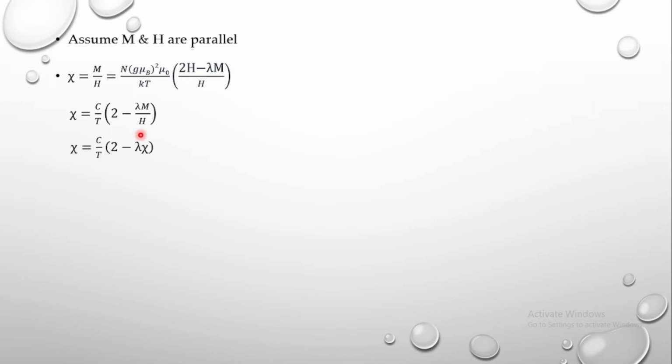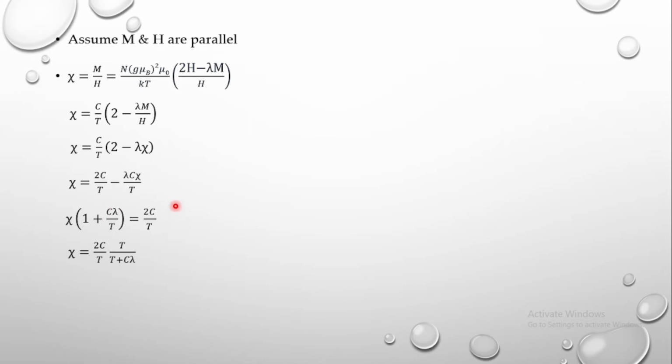Simplifying for chi by rearranging, that is multiplying the brackets, we get 2C by T minus lambda C chi by T. Then taking the second term on the RHS to the LHS and simplifying for chi, we get chi equals 2C by T into T by T plus C lambda, because here we have taken the LCM, which is T, the numerator will be T plus C lambda, and this multiplication is taken to the RHS side, so it becomes division.